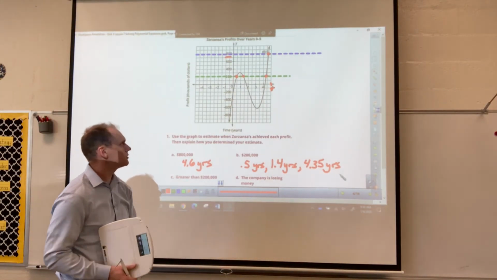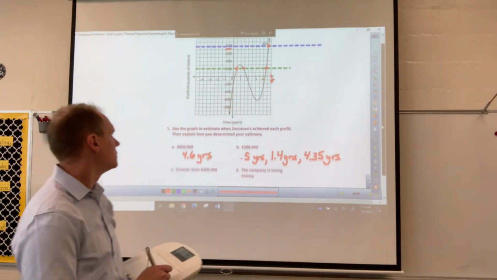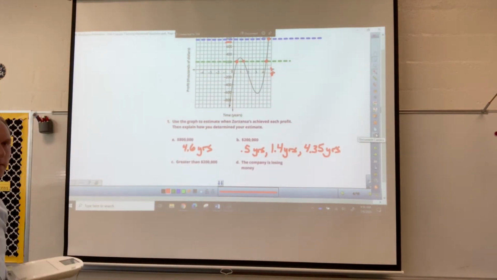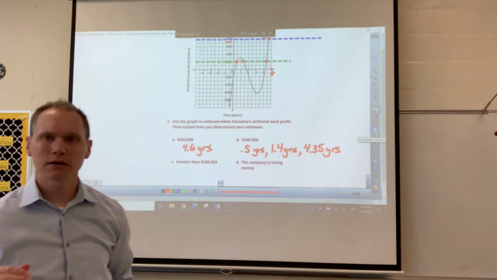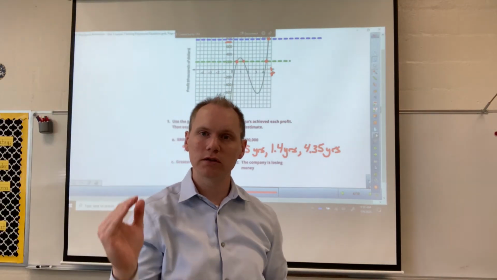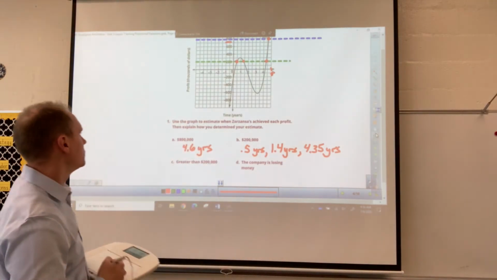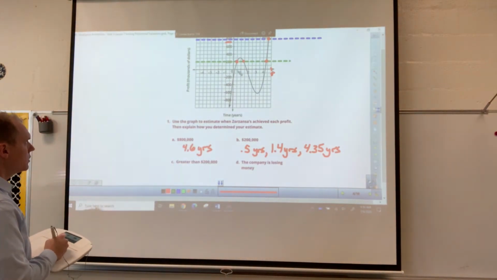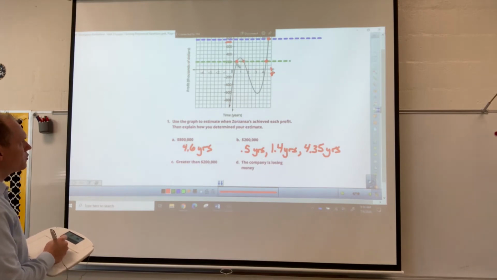All right, greater than 200,000. So now we're thinking about when it is not equal to 200,000, but above. When does the profit go above 200,000? If we think about it, it goes above 200,000 in between these 2 points that we just found.